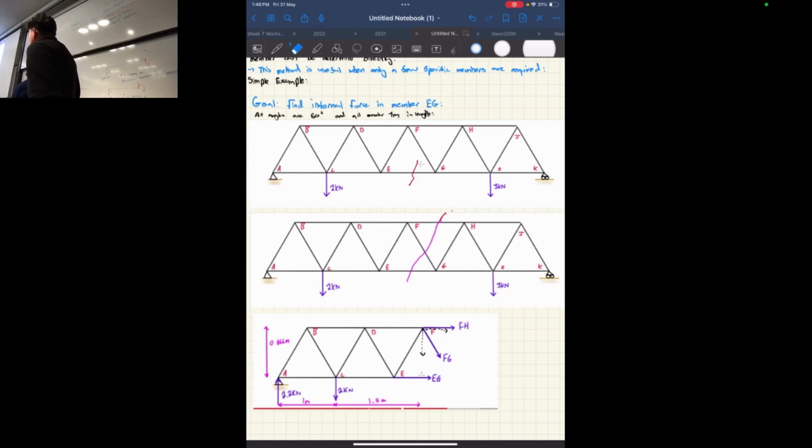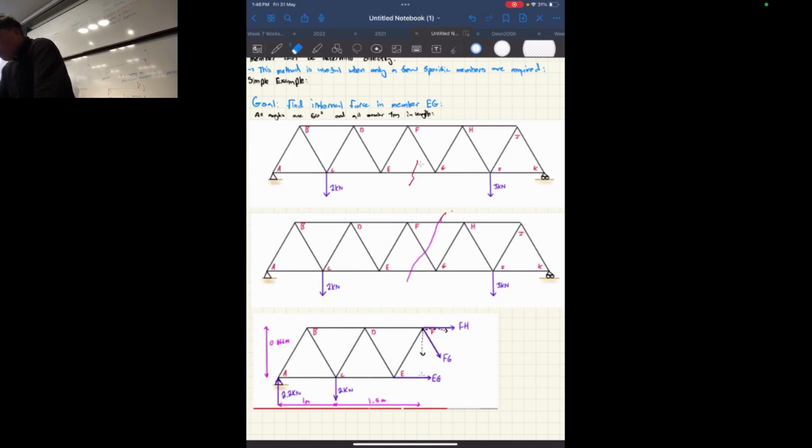And I'll also do F3. So I'll choose point B. At point B, we can see there's a force F1 acting downwards. This is an external force. Now we also have the members BD, BA, and BC connected to that point B.